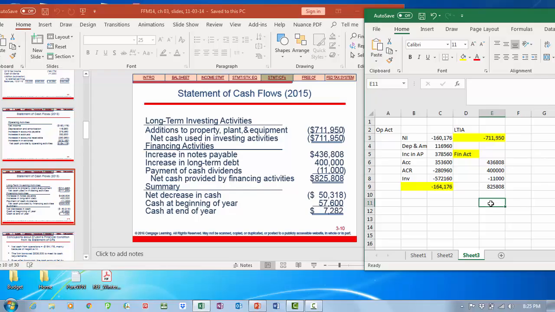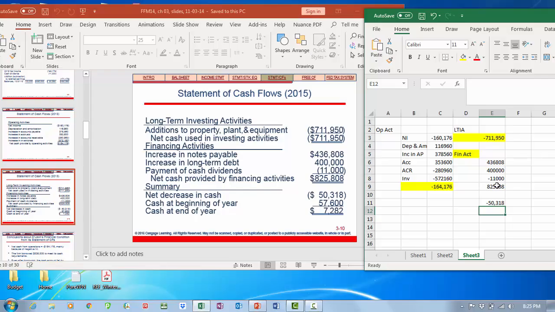There you go. So the net decrease in cash is going to be, you add all three and you get the increase or decrease. Since it's negative, this is going to be the net decrease in cash.